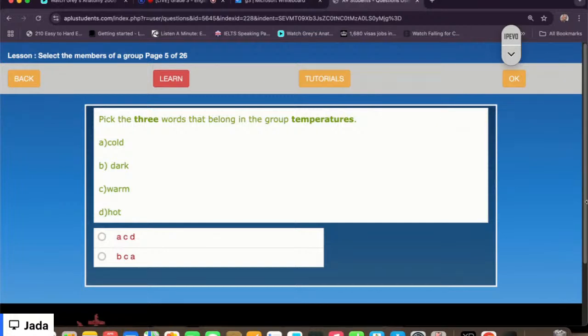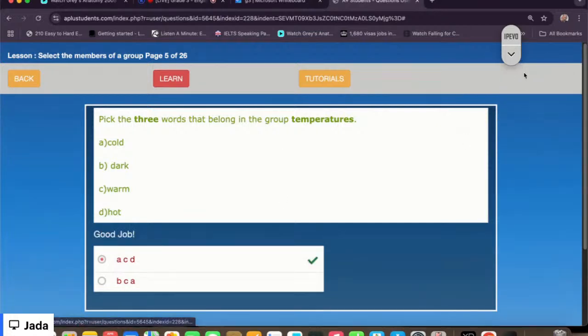So we have cold, warm, hot; dark is out of it. So A, C, D.